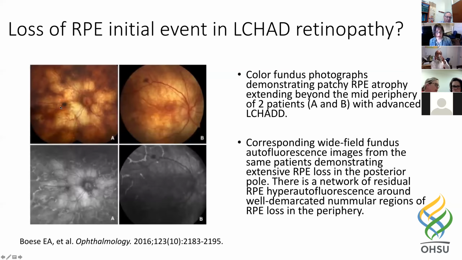So what is some other evidence that it is in fact the RPE that is dropping out first in this progression of the disease? These are color photos of two different LCHAD patients, A and B on the top, and then a wide field autofluorescent image on the bottom. The autofluorescent image picks up specifically that pigment that is in the retinal pigment epithelium.